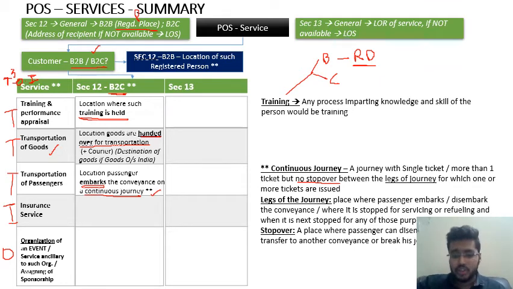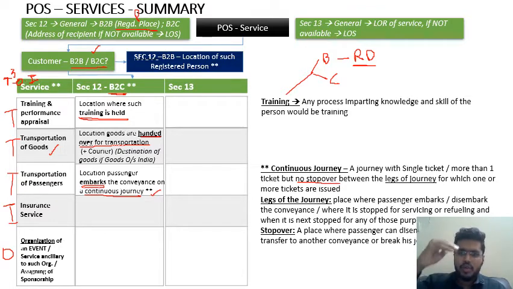So what is a stopover? A stopover is a place where the passenger can disembark. Embark is boarding the flight, disembark is getting down from the flight. So it is a place where a passenger can disembark either to transfer to another conveyance or break his journey to resume later. Let's say when you're coming from Bombay to Chennai, there is a stop in Bangalore.